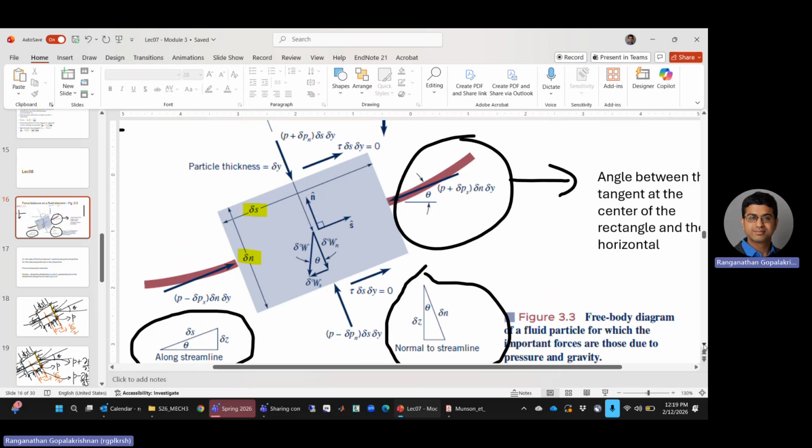So you can write delta Z equals delta S times sine theta. Can you write that?